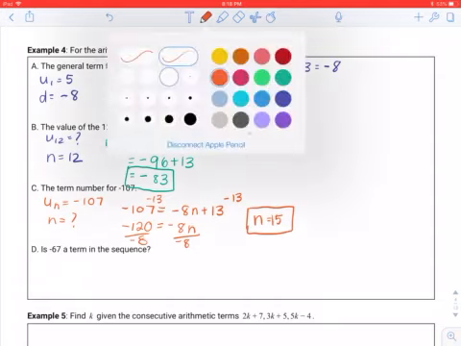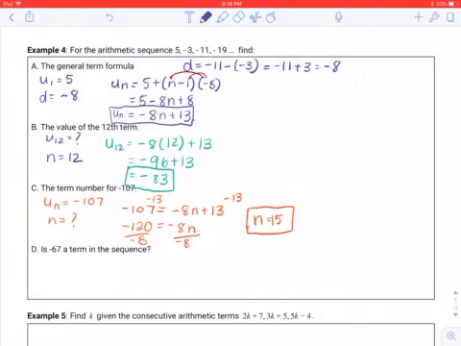And then finally, it's asking me whether or not negative 67 is a term in the sequence. So I set my sequence equal to negative 67, and I solve for n to see if n is going to be an integer. So again, I'm subtracting 13 from both sides. Negative 67 minus 13 is going to give me negative 80.